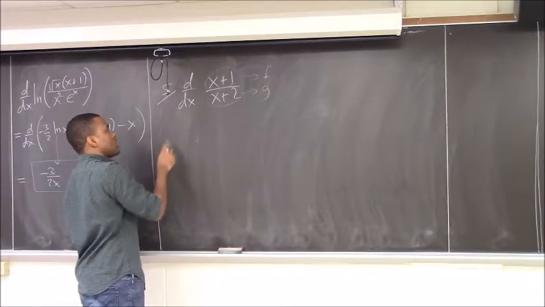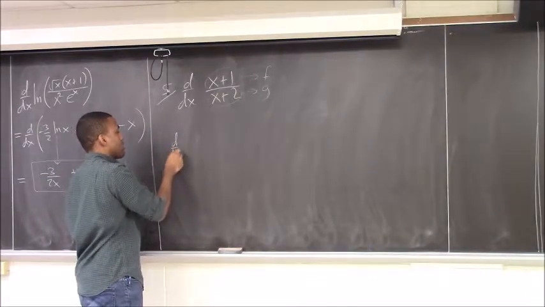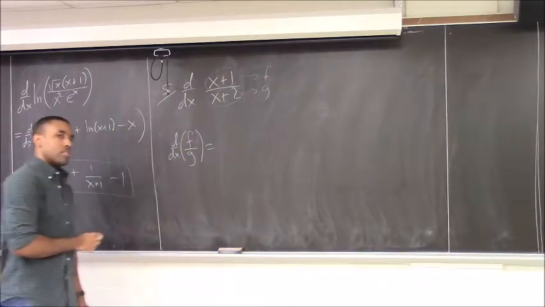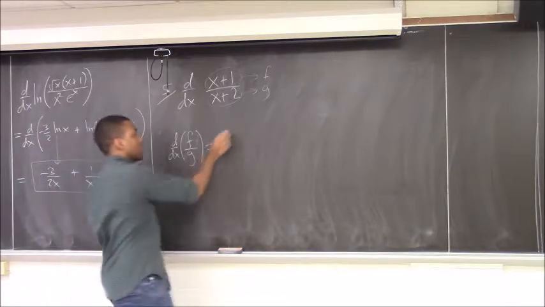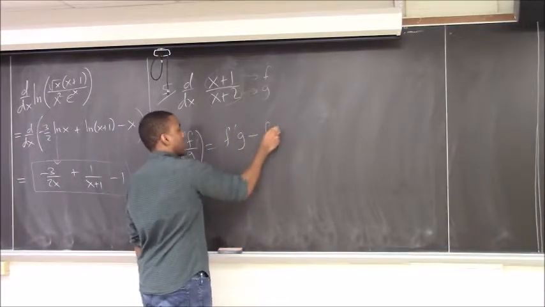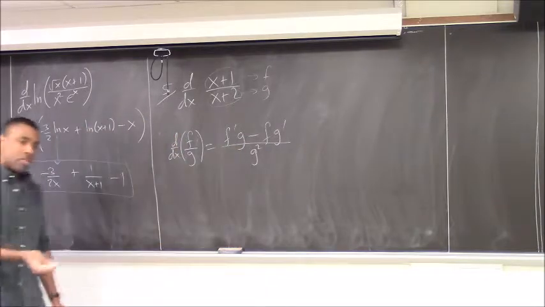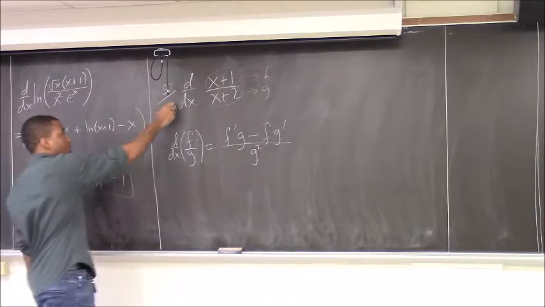So how do we differentiate something like that? What is the derivative of one function divided by another? It's over g squared, right? That's something you have to memorize. That's called the quotient rule, so I'm going to apply that here.